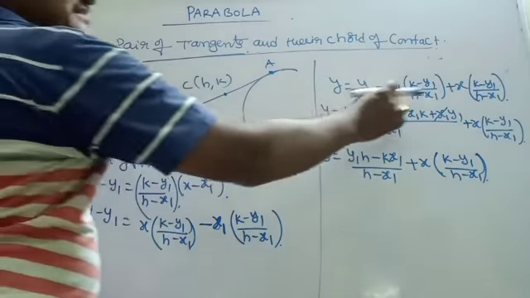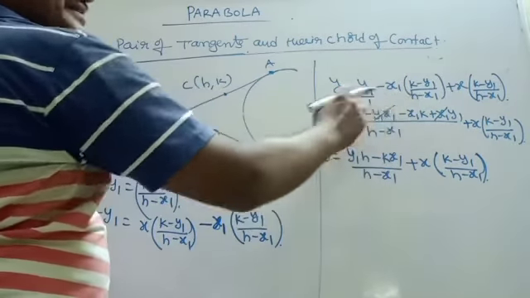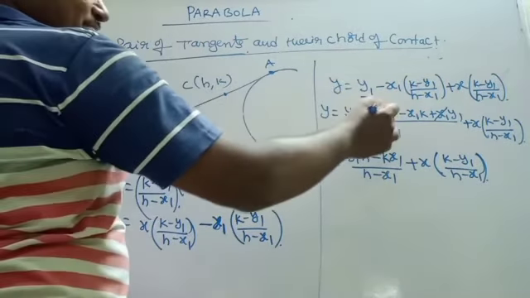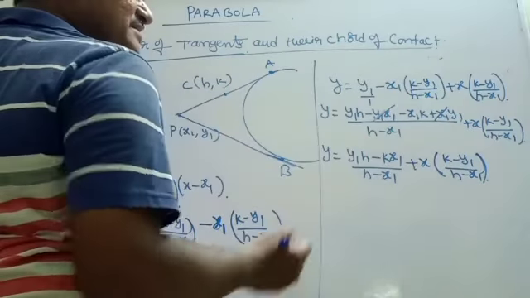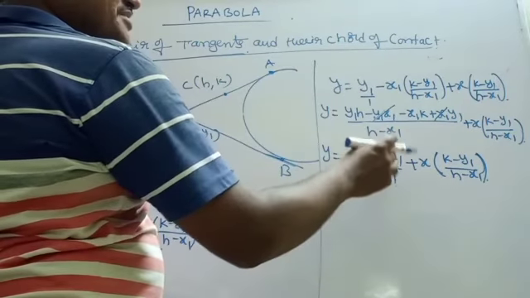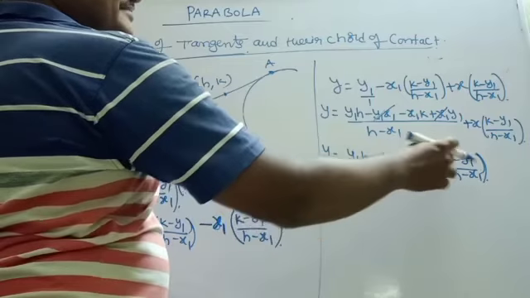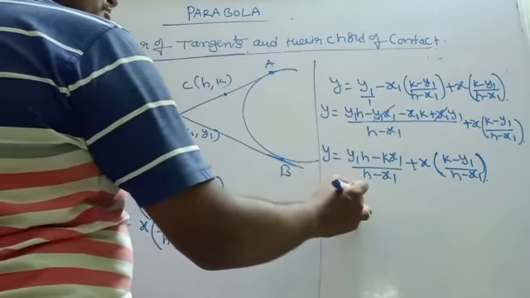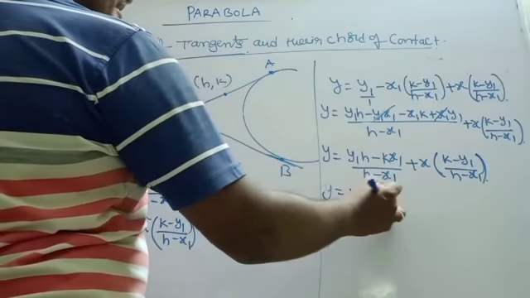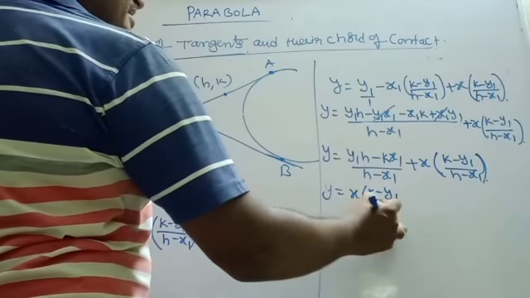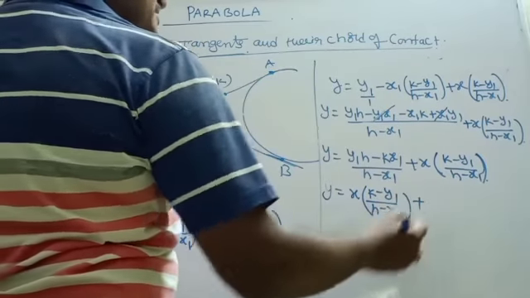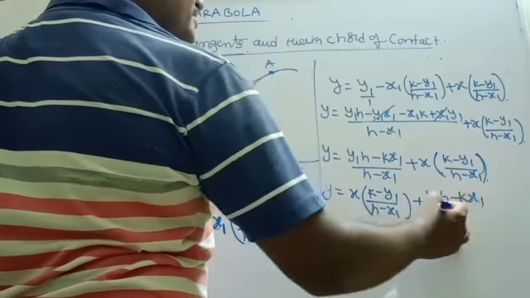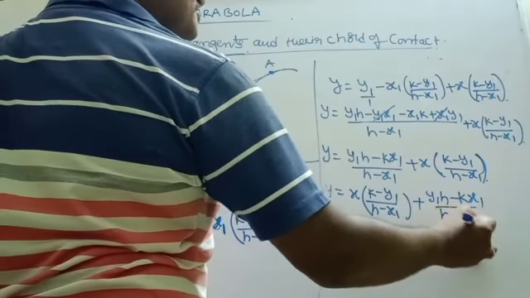I took the LCM as h − x1 and simplified. Here −x1y1 and +x1y1 cancel. So y = (y1h − kx1)/(h − x1) + x(k − y1)/(h − x1). That means y = x(k − y1)/(h − x1) + (y1h − kx1)/(h − x1).